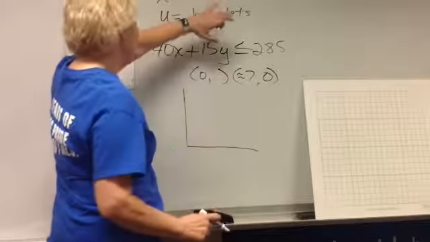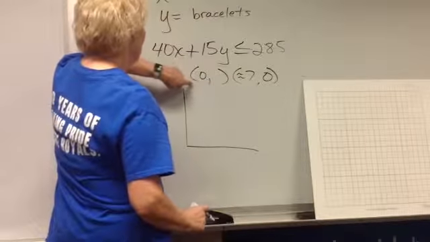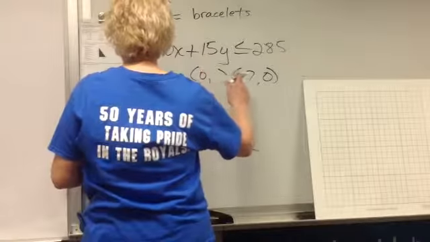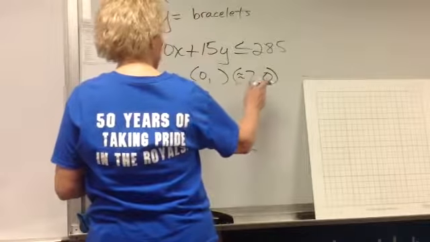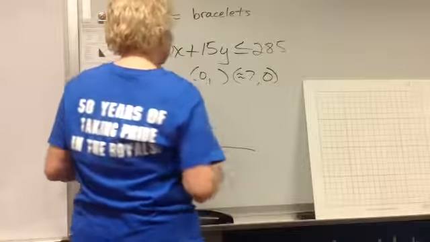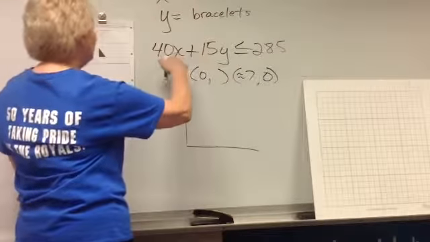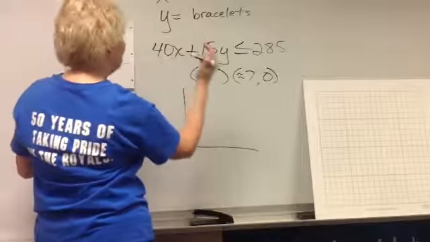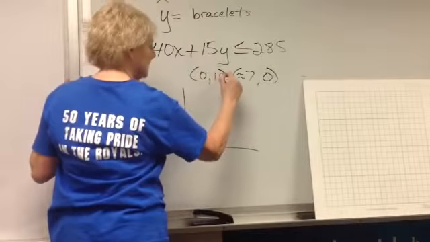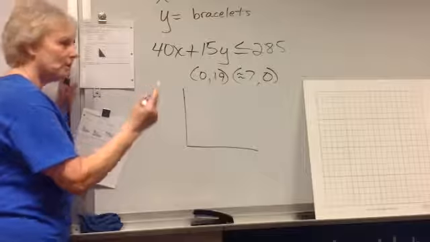Okay, if I cover up the, no. Do I have it backwards? No, that's right. Okay, if I make the other variable 0, it's 285 divided by 15. I already have it worked out. It's 19. Came out exact. So, remember how to graph this.